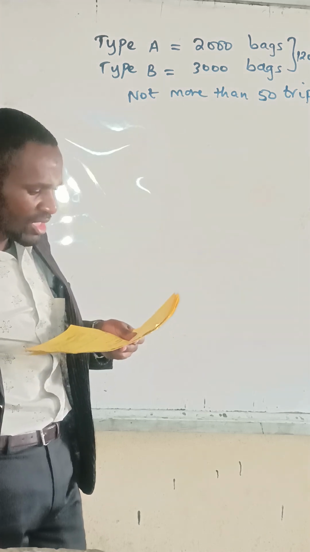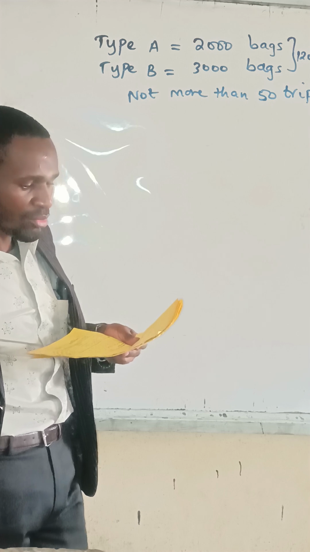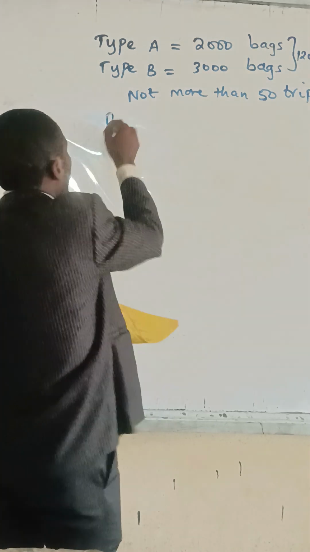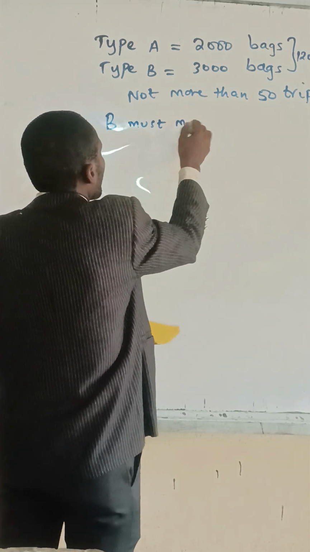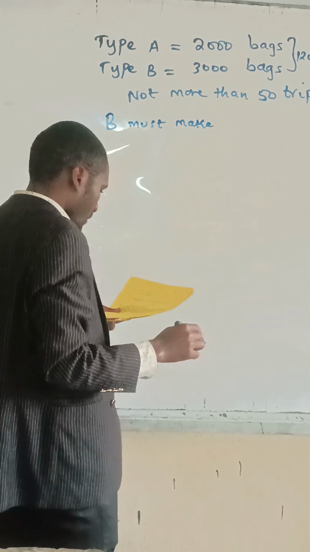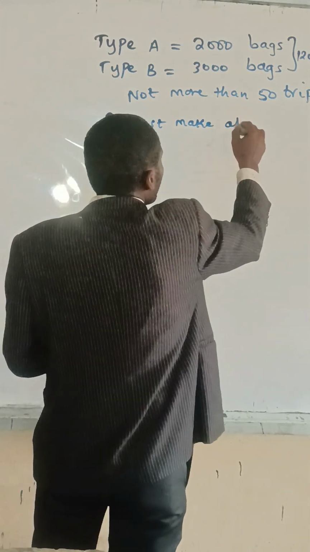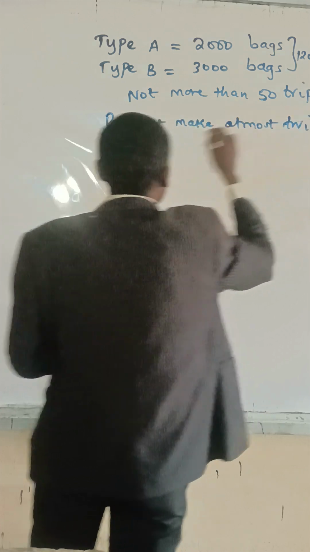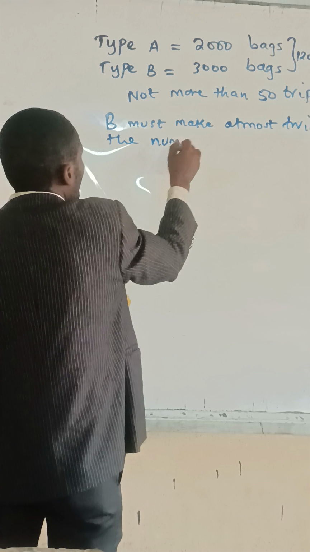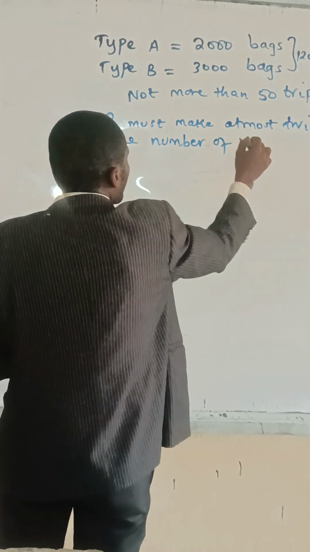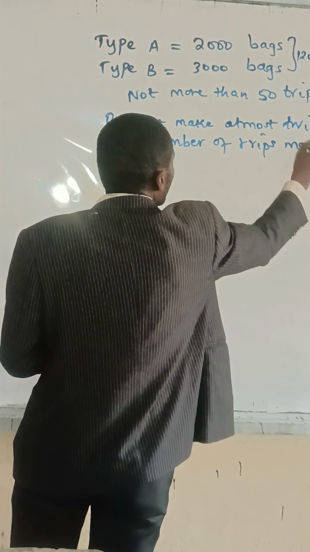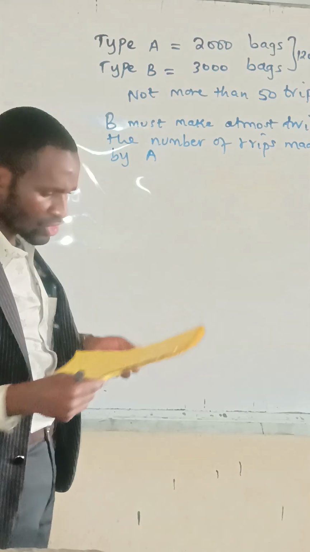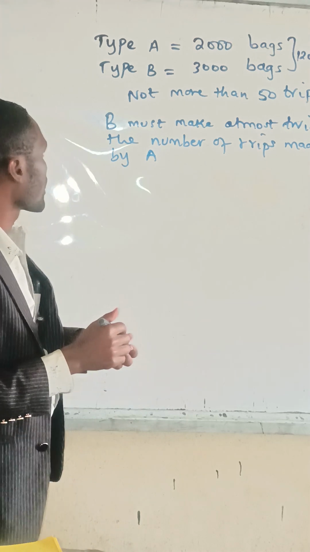And you're told that type B trucks are to make at most twice the number of trips made by type A. So B must make at most twice the number of trips made by A. We really need to use this information to come up with linear inequalities that can represent all this data.